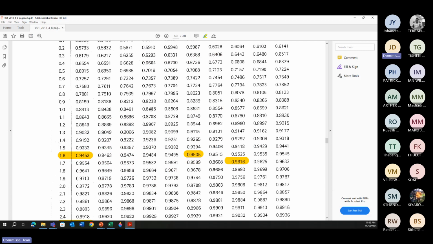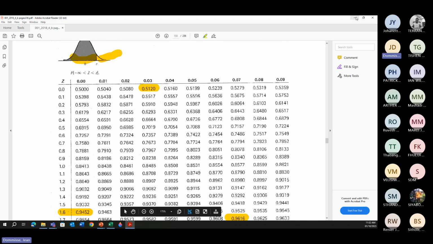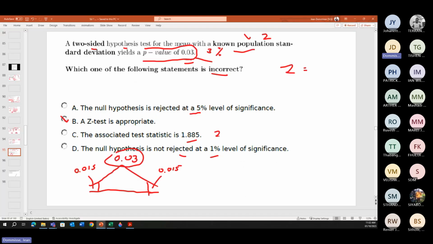What is that in 1 minus 0.015? So we're looking for 0.985. A 985 there. So our actual value would have been 2.17. So 2.17 would have been the stat associated with it, because we would have been looking at 0.015.